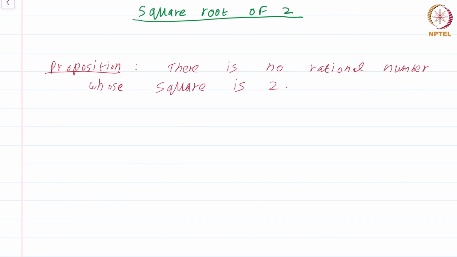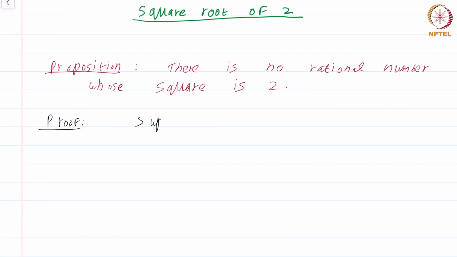So I am not stating that the square root of 2 is irrational. We don't even know what irrational numbers are so far. What I am stating is, if you take a rational number and square it, you cannot possibly get the number 2. Let's see the proof.